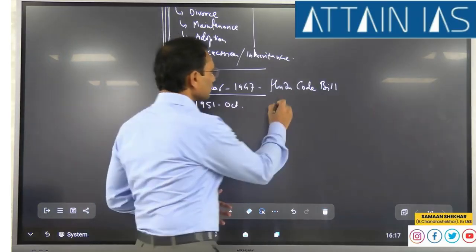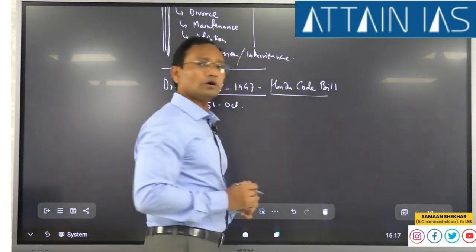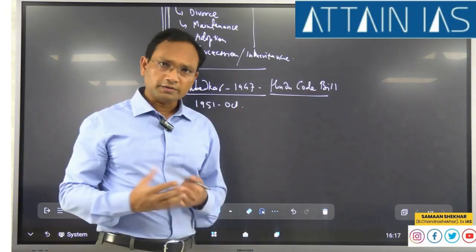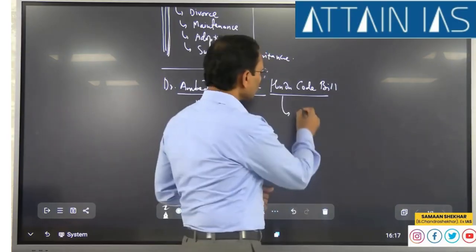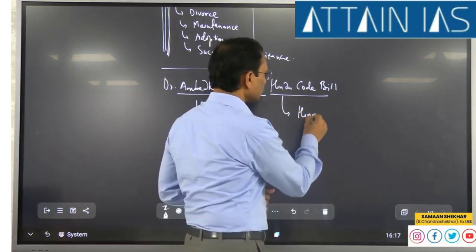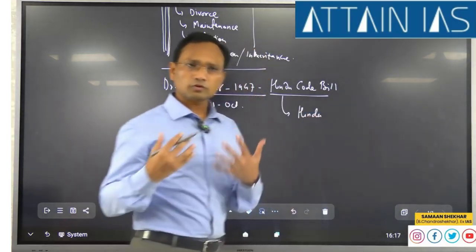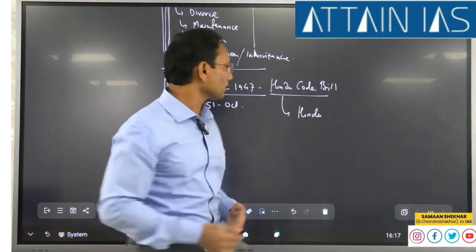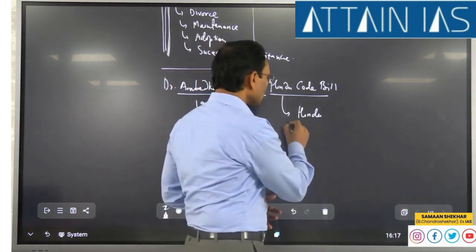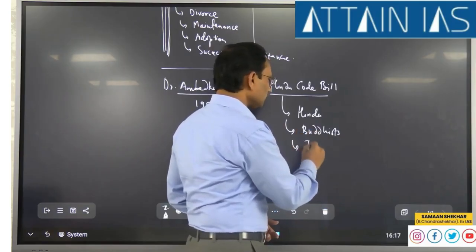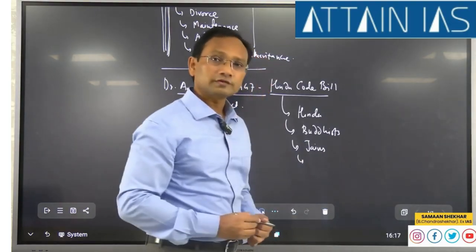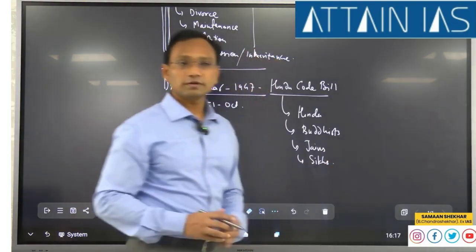And the definition of this word Hindu here was very wide. This Hindu here included, of course, those who professed Hinduism or call themselves Hindus as a religion. But it also included Buddhists, it included Jains, it included Sikhs as well, right?